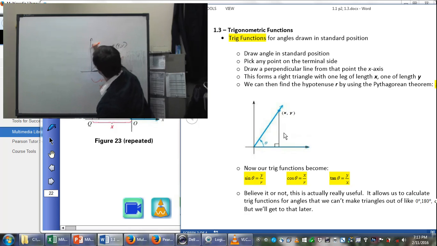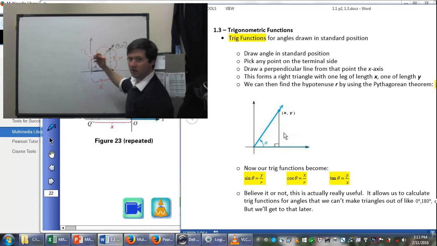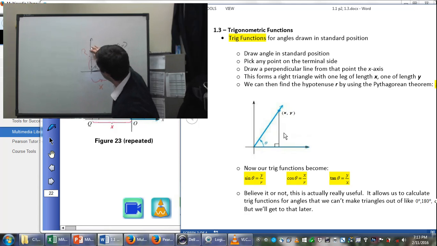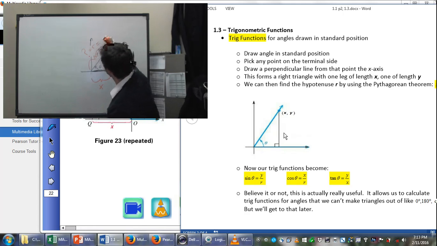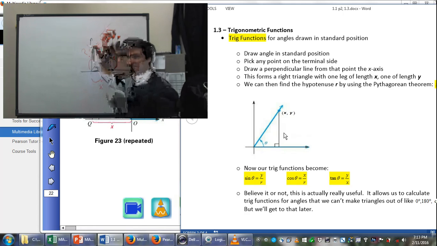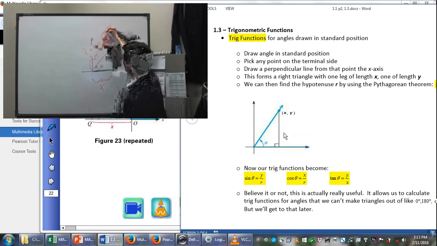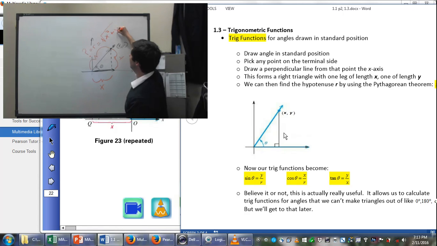This side we're going to call the radius for reasons that maybe aren't the easiest to explain right now. Anyway, we're going to call this side the radius. And it's related to the radius of a circle.